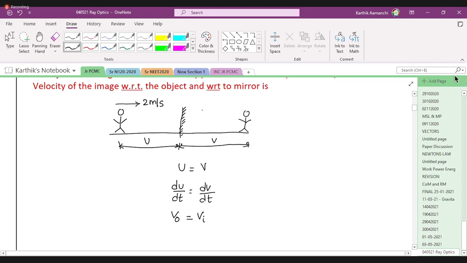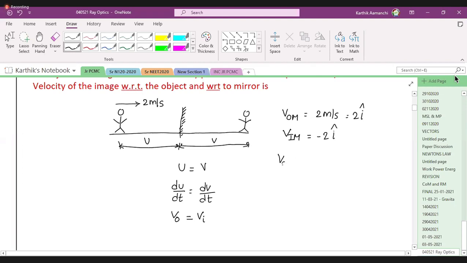Correct. So velocity of object with respect to mirror is 2 meters per second, which is 2 I cap, right? So velocity of the image with respect to mirror will be the same magnitude, minus 2 I cap.